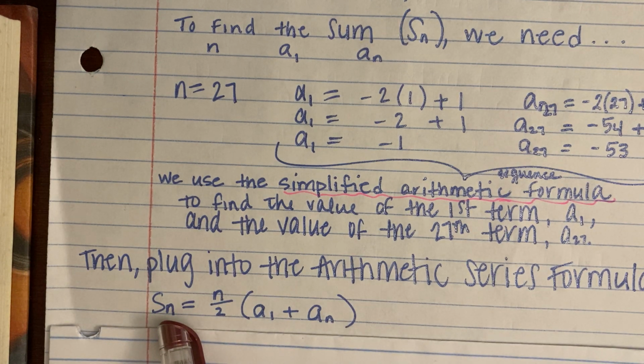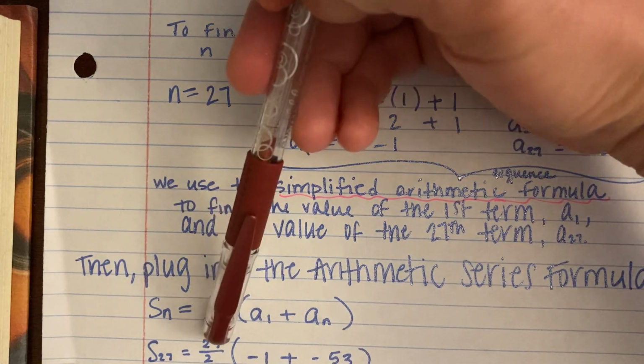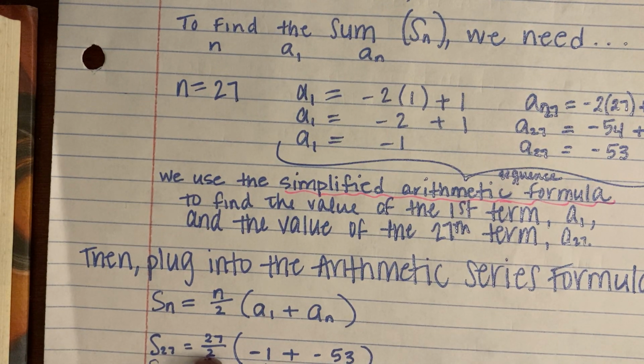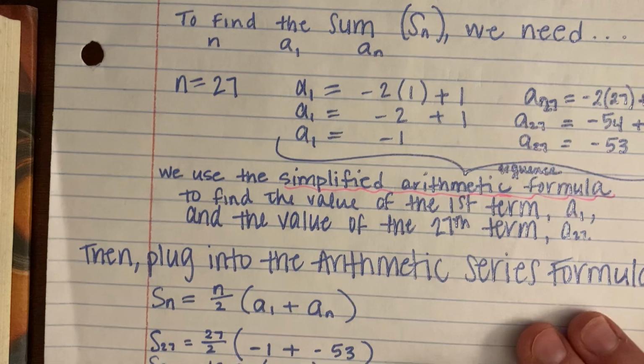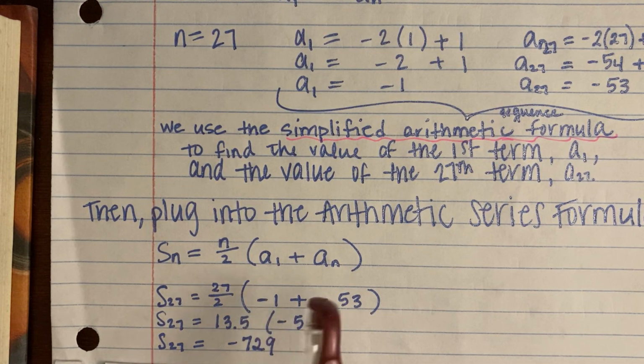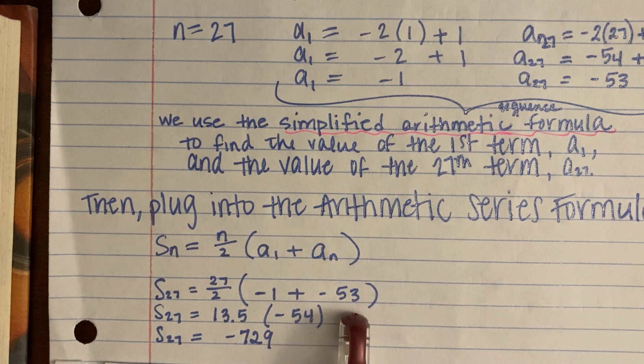So we can find the sum by using this formula. I know I have 27 terms, so we're looking for the sum of the 27 terms, which is equal to 27 over 2, times the first term, -1, plus the 27th term, -53.